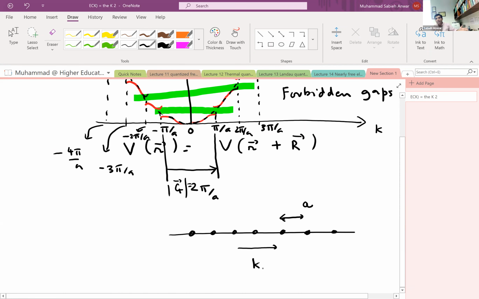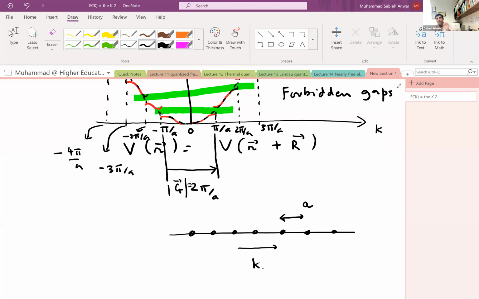Its momentum is pointing from the left to the right, as you can see on the screen. Now, if k is far away from pi over a or minus pi over a or 2 pi over a or minus 2 pi over a, so far away from these so-called zone boundaries, which I'm going to explain later, the wave is going to pass straight through. No scattering will take place.